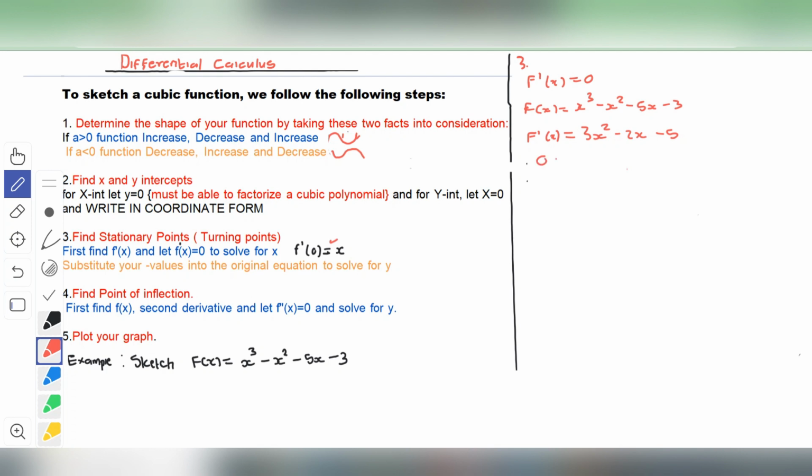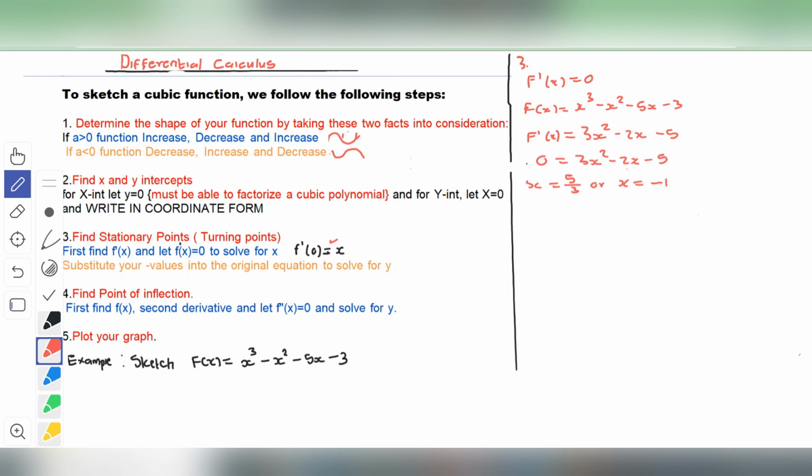So meaning we're going to have 0 equals 3x squared minus 2x minus 5. And then we solve for the x values. Therefore, we're going to find that our x values are going to be 5 over 3, or x is going to be -1, right?